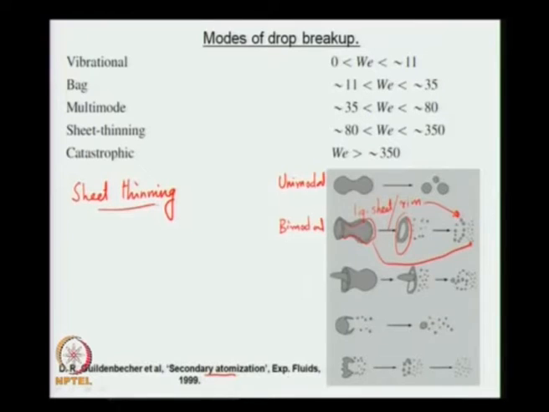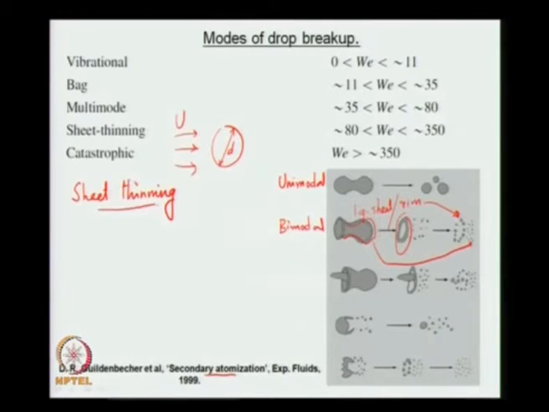The sheet thinning process also starts with the same initial condition. So, a drop of some diameter d at rest in a wind of velocity u, what do I expect will happen?